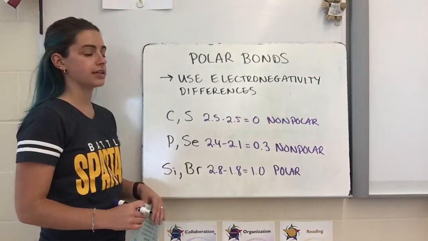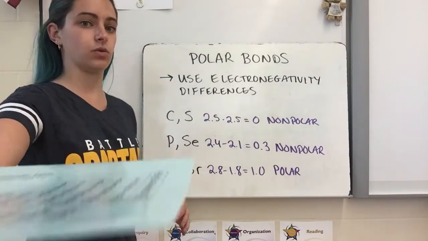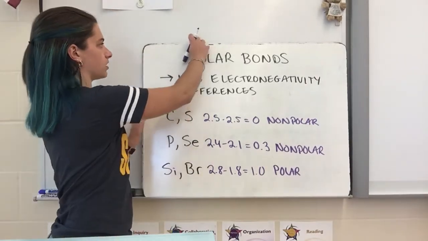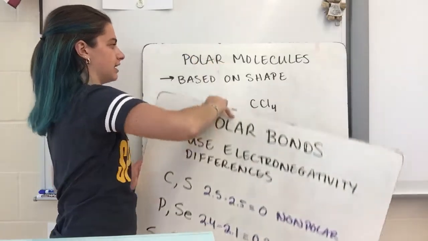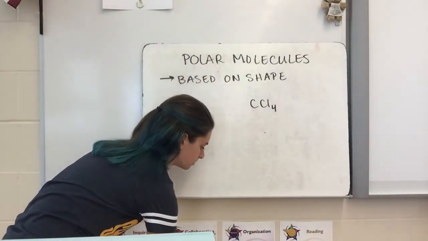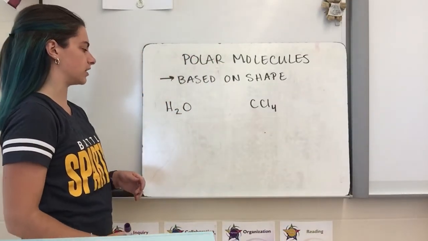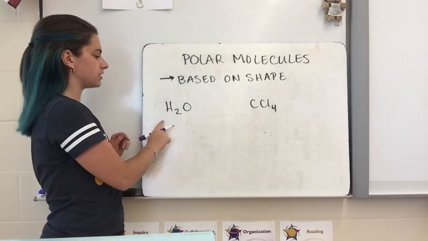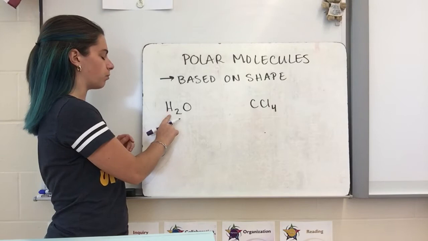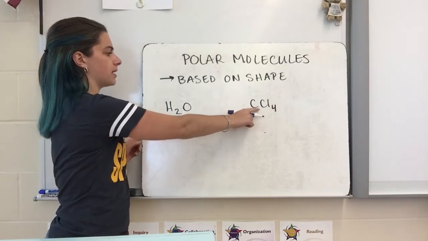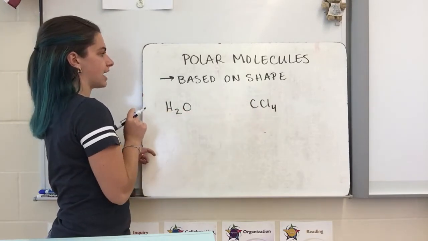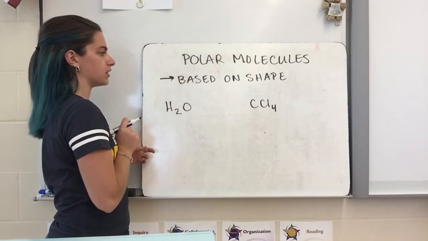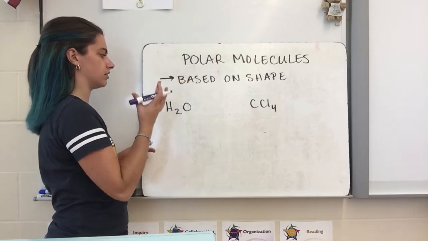Now, we can have polar bonds. We can also have polar molecules. If you have a molecule that has polar bonds in it, it has the potential to be a polar molecule. So we're going to look at two examples: water and carbon tetrachloride. Determining whether or not these molecules are polar is all based on the shape.